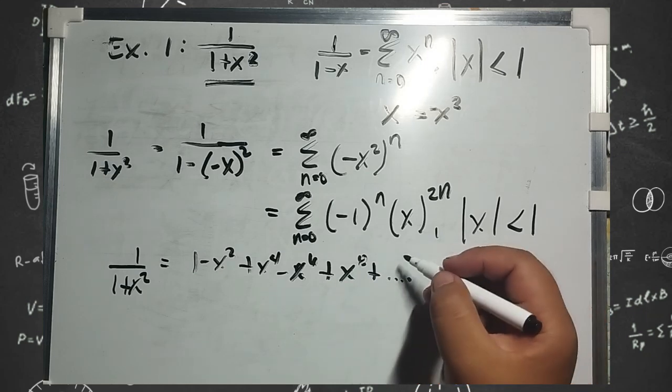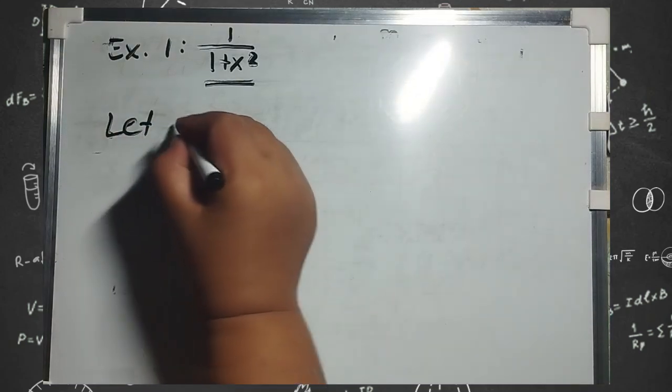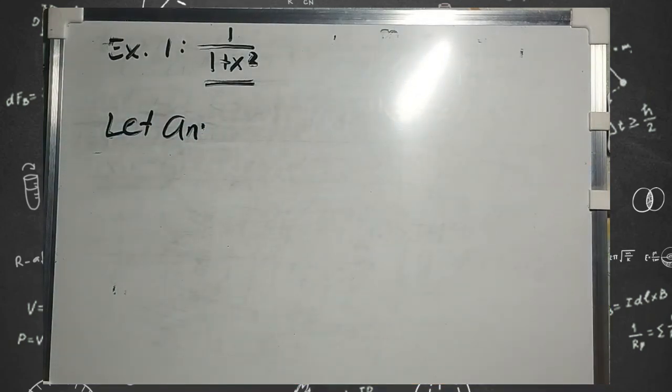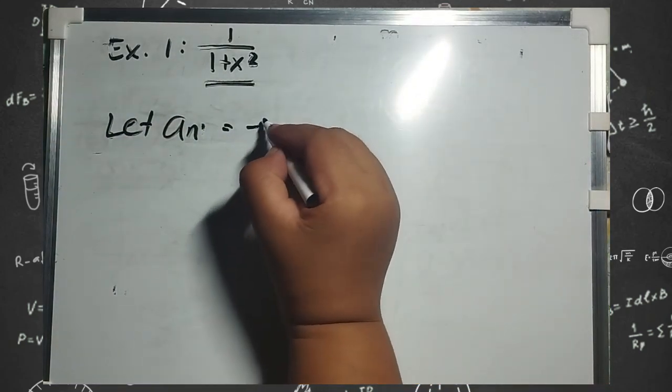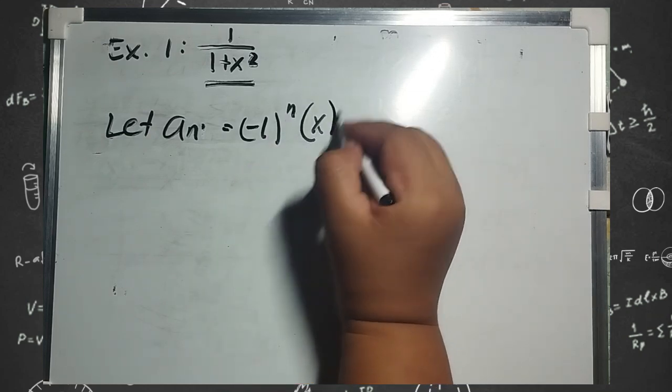Now, let's test its convergence. Let a_n be equal to (-1)^n x^(2n).